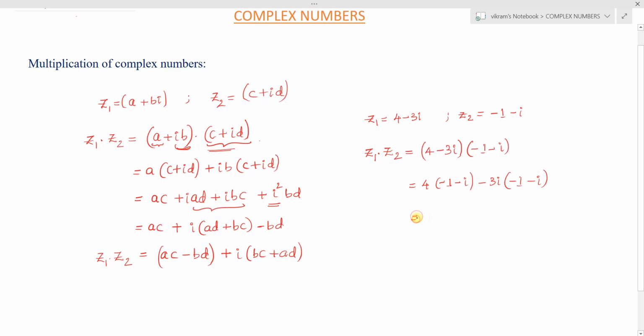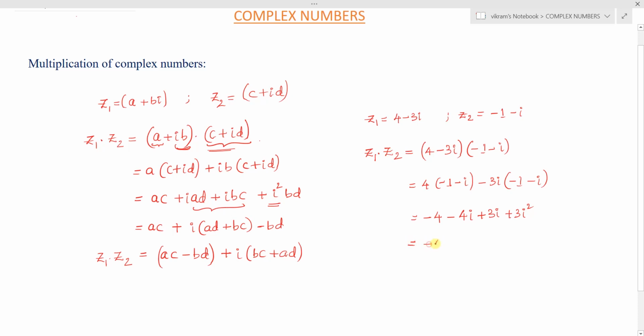So 4 into minus 1 is minus 4, and 4 into minus i is minus 4i. Minus 3i into minus 1 gives plus 3i, and minus 3i into minus i gives plus 3i into i, which is i square.